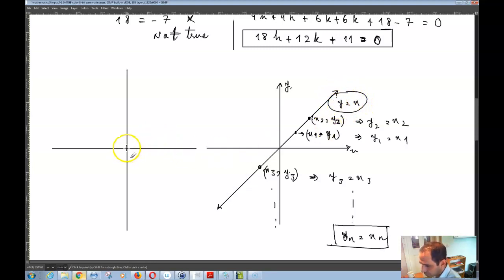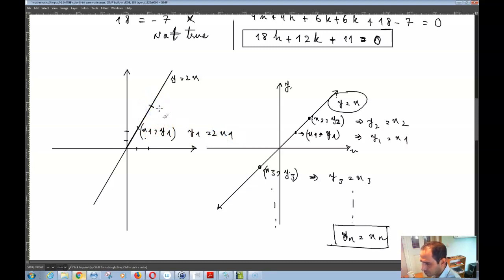Now you can have a different situation. Let's say that the slope of this line is 2, and so this becomes y is equal to 2x. So now whatever point you pick on this line, for example x1, y1, based on this rule, your y1 is equal to 2 times x1.